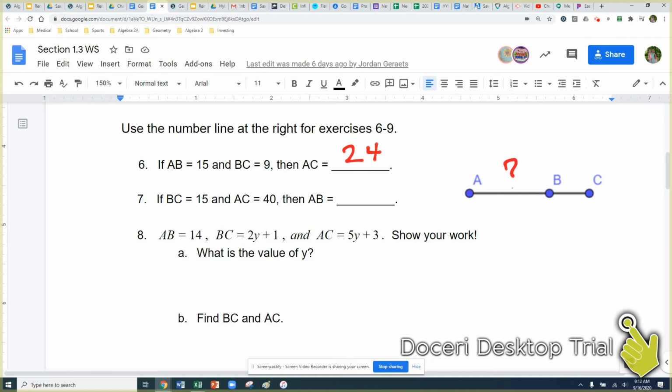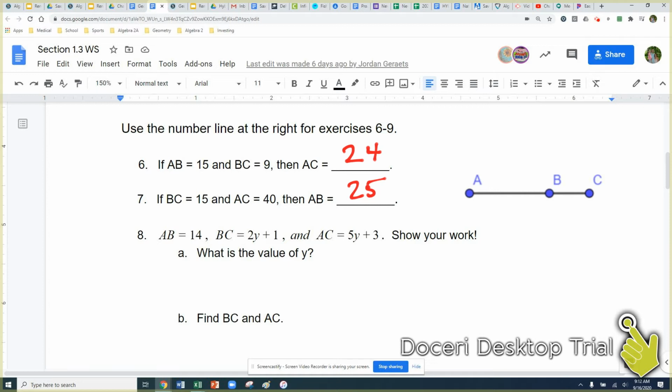So if we know the full length AC is 40, the little piece is 15. What can I do if we need the missing piece? Subtract them. So 40 minus 15, 25. So that length is going to be 25 right there. So that's the segment addition postulate in a nutshell. It's kind of common sense, but that's what the postulate says, and that's what we can do to start finding the missing lengths of these segments.